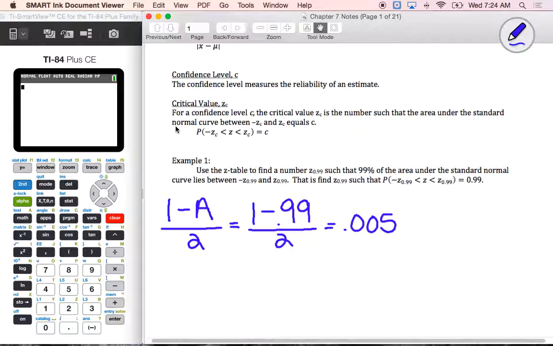Again, you want the closest number to 0.005, and then you're going to move out on your Z table to figure out the Z value that goes with it. So go to the negative side of the Z table, and search for 0.005 or a number very close to it inside the table.